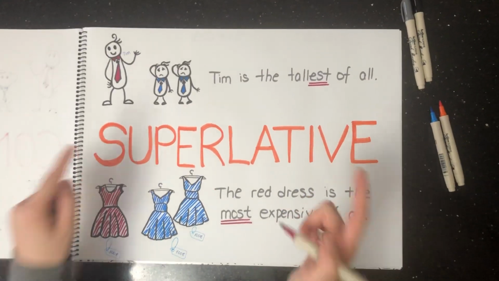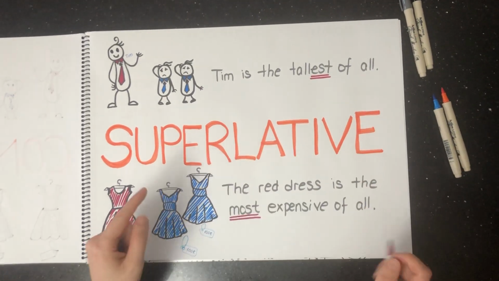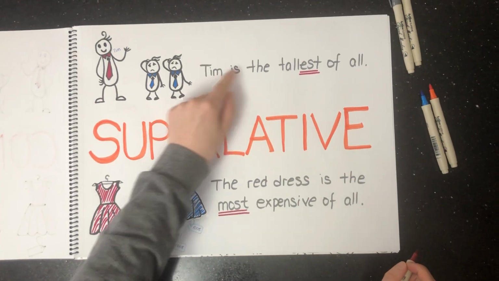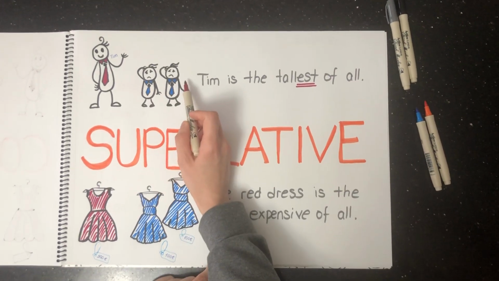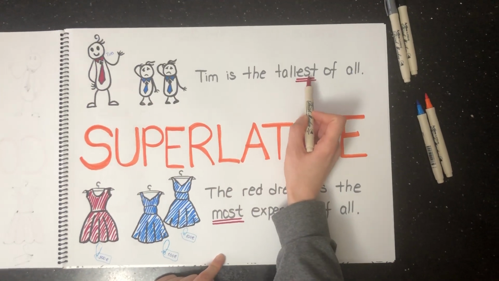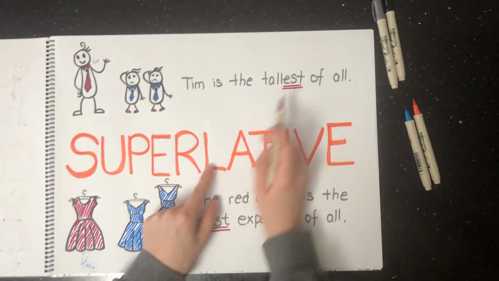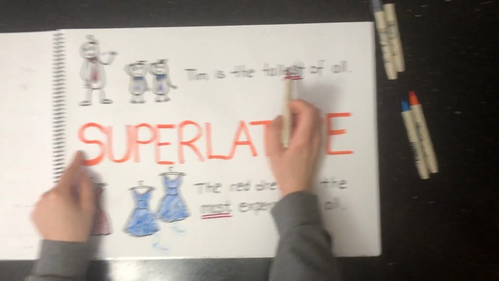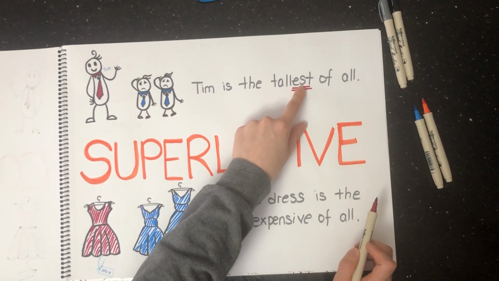If we compare a person with more than one person or thing. Let's see. Tim is the tallest of all. So there are two people, and here's just Tim. So we add EST. If we use superlative, we add EST. If we use comparative, we use ER. But there are more than two, so we have to use EST.